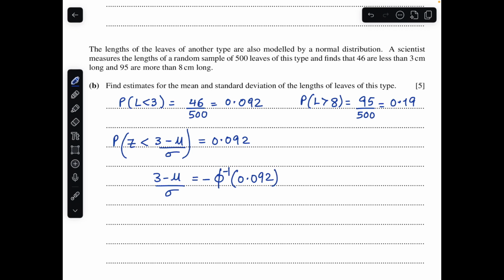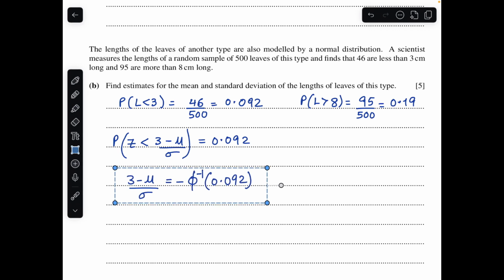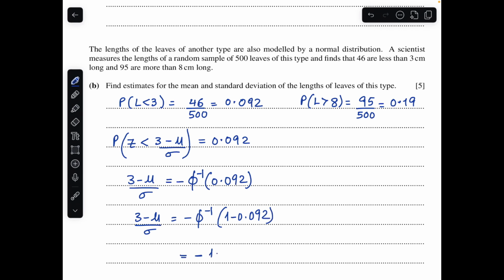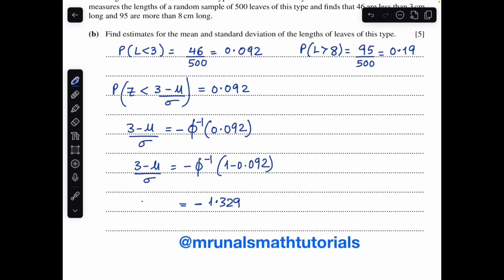Again, you have to remember that we cannot calculate phi inverse of 0.092, so you have to do 1 minus. So that's going to be negative phi inverse of 1 minus 0.092. So that is going to be negative 1.329. So it means that 3 minus mu over sigma is equal to negative 1.329.